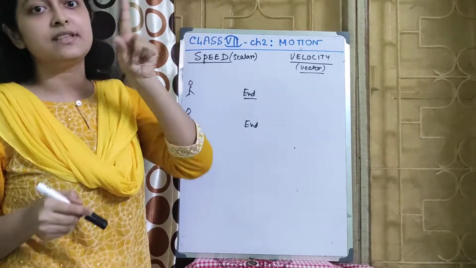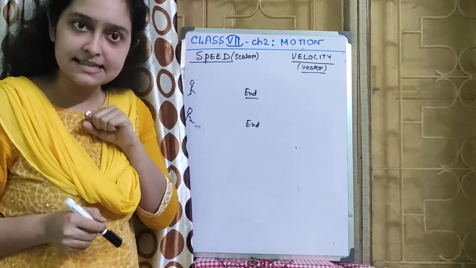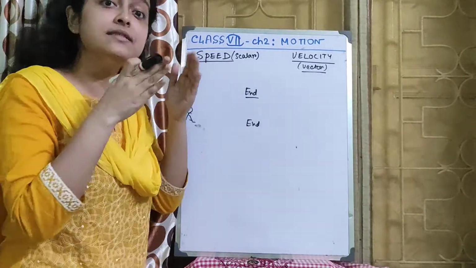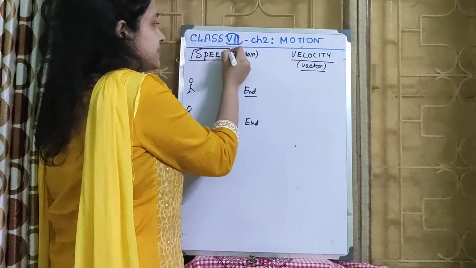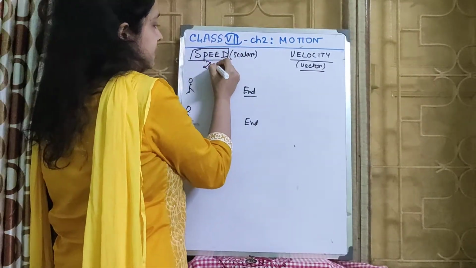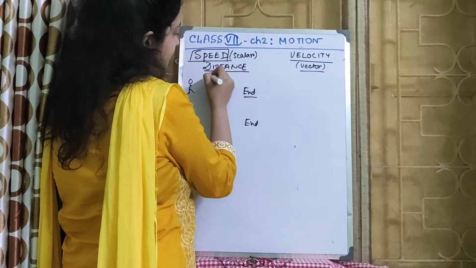Speed is such a physical quantity which will measure how fast the object is moving, okay? That means I can say that speed is the distance covered by time taken.